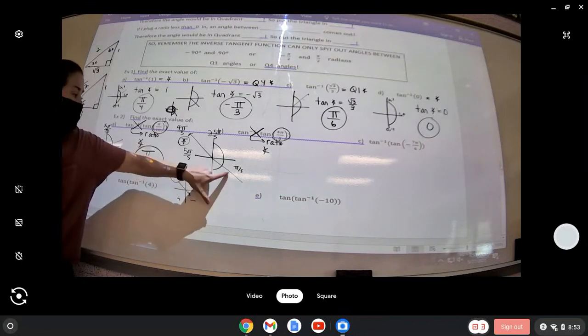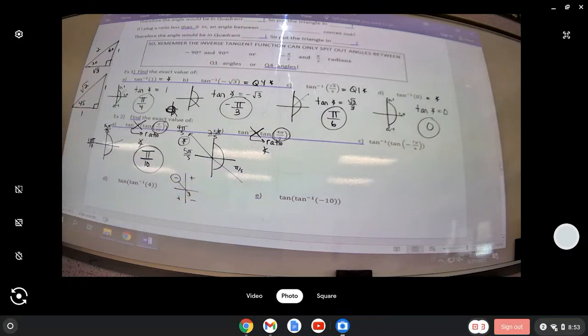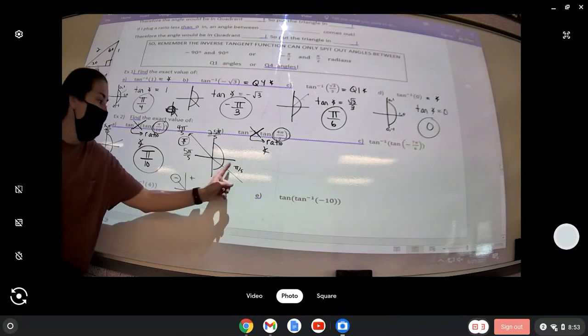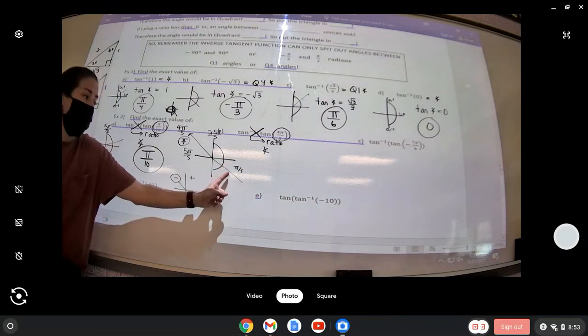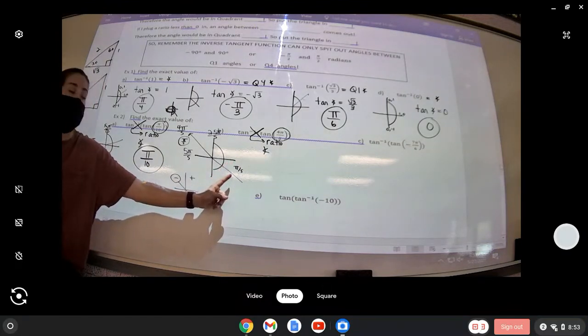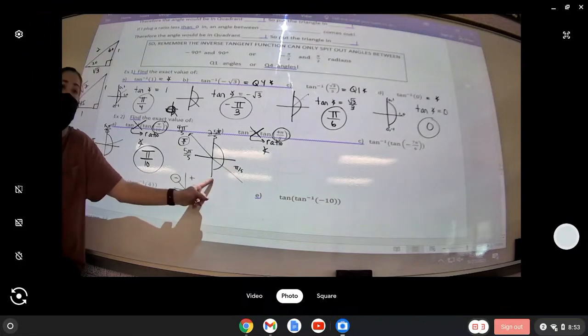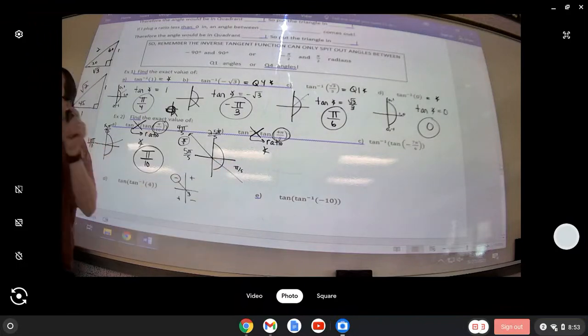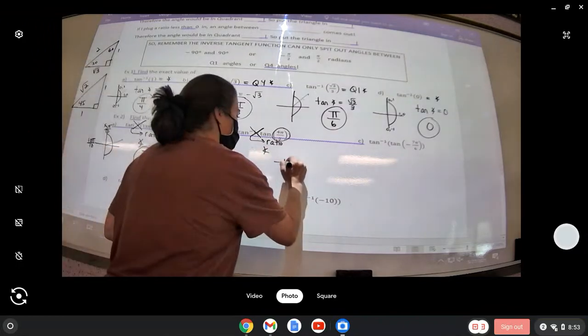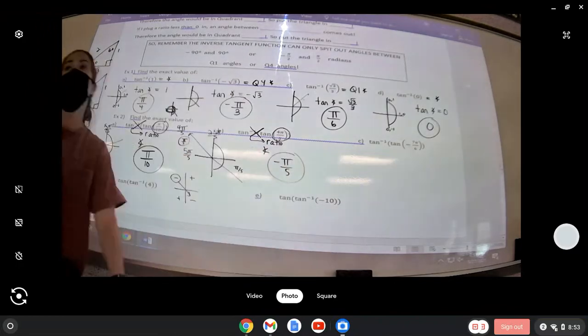And the reference angle is always in between your angle and the x-axis. So guys, does anybody know what angle has a reference angle in quadrant 4 of pi over 5 between 0 and negative pi over 2? Not pi over 5, but negative pi over 5. Michael, negative pi over 5 is what he would be capable of spitting out.